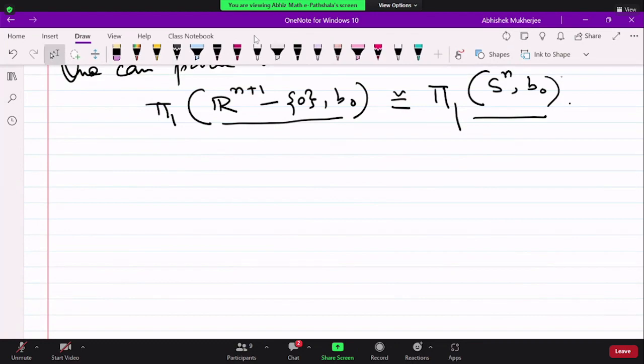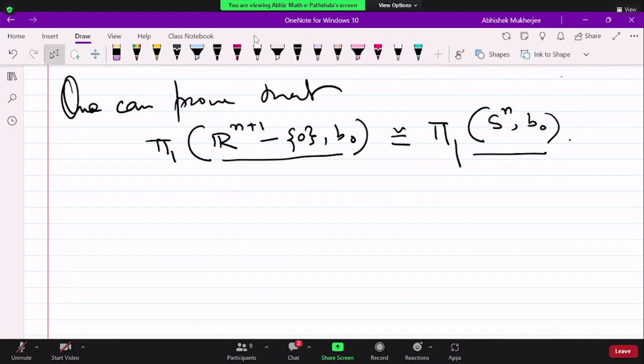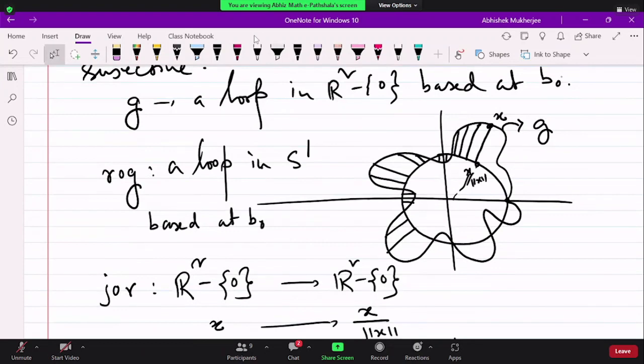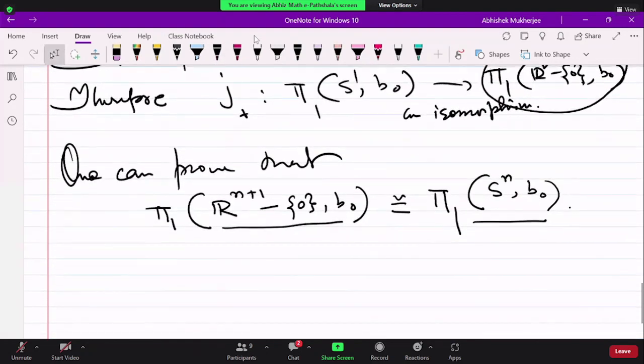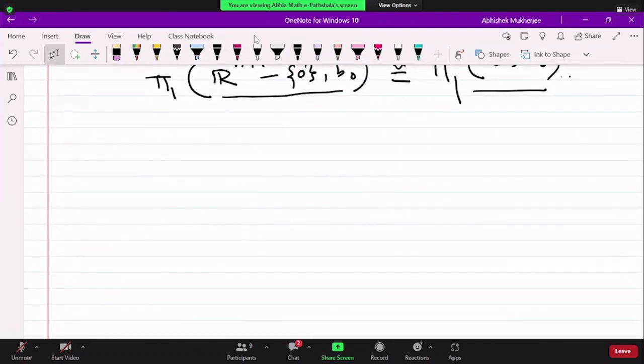So now, if you look at the picture, if you are considering a G, then you are trying to project it to the S1 by means of the retraction, right? Through a straight line homotopy. And this observation gives you a direction to define what we mean by a deformation retract.